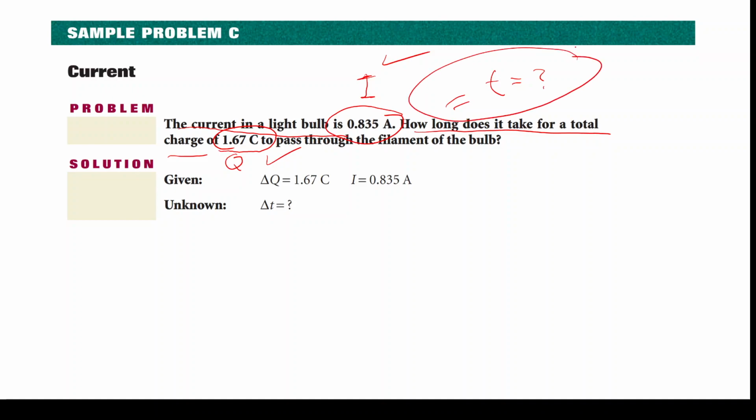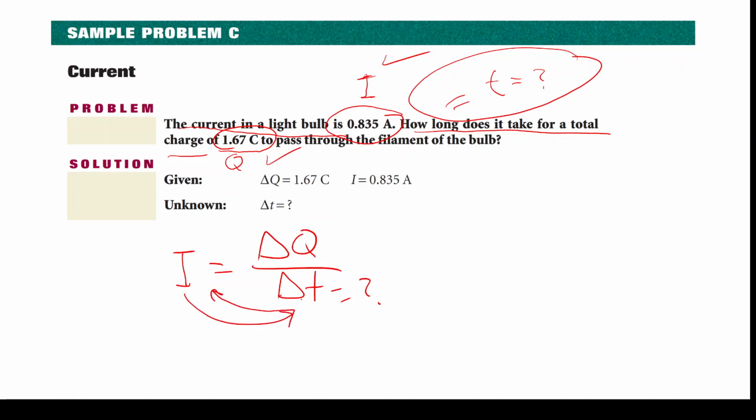Very easily solved. Let's write down the equation for current. The equation was simple. It was I equals delta Q over delta T. And this equation has to be rearranged because what is unknown is the time. So I've got to rearrange the equation. And usually when the denominator is unknown, just switch places. So the equation becomes delta T equals delta Q divided by current.